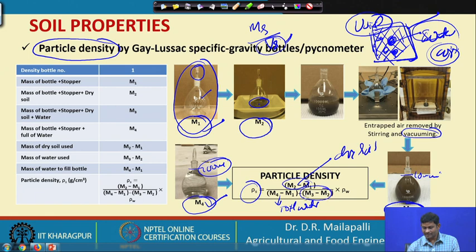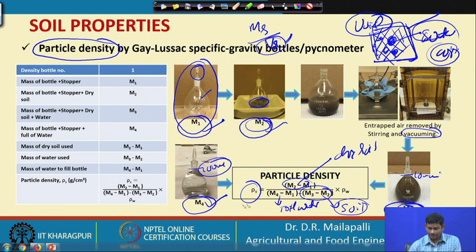And M3 minus M2 gives the amount of water which is occupied by the soil.